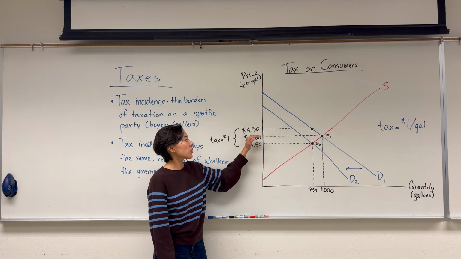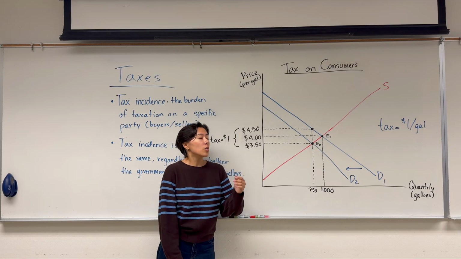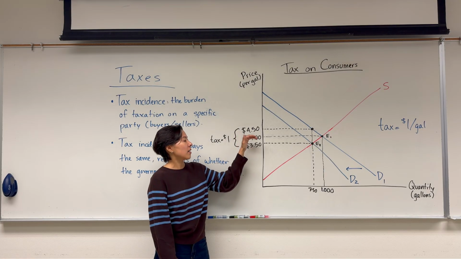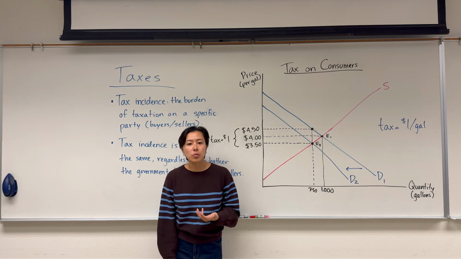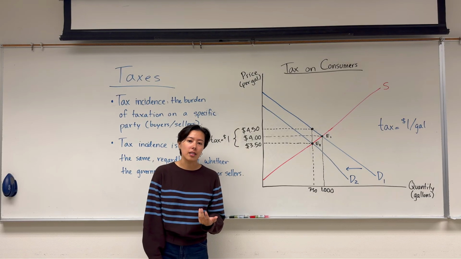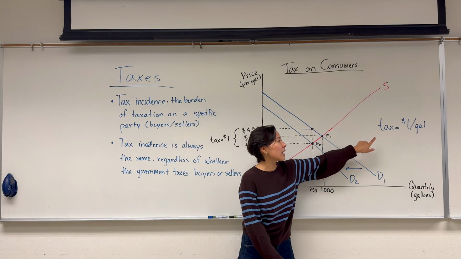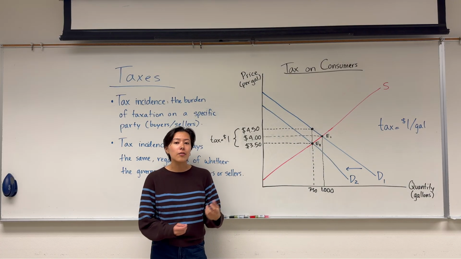With the tax on producers, the price on buyers rose by 50 cents, and the price received by sellers fell by 50 cents. So we have the same exact share of the tax burden, regardless of who is actually giving that money to the government.